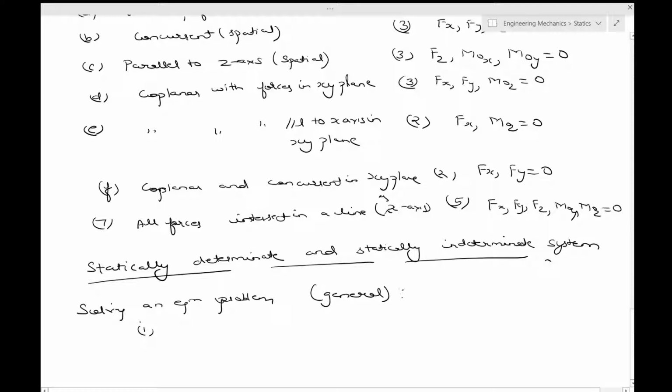First, using equilibrium equations and boundary conditions on forces.